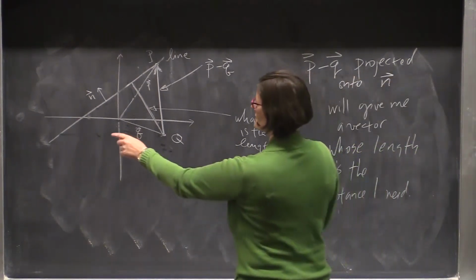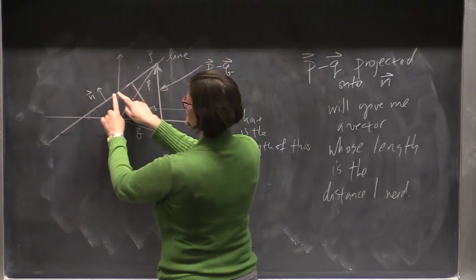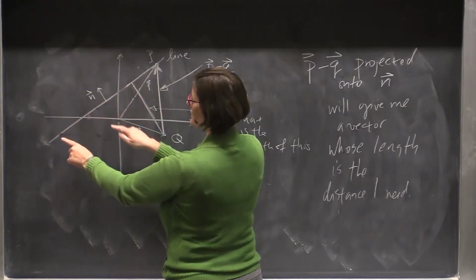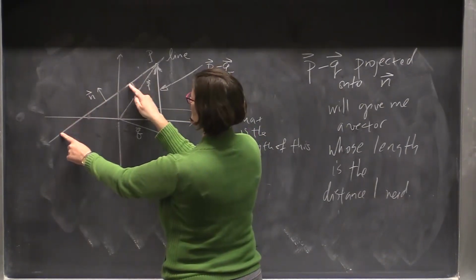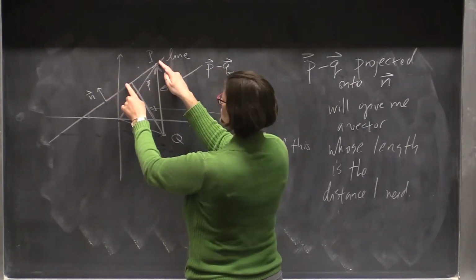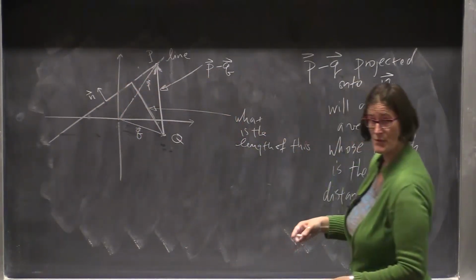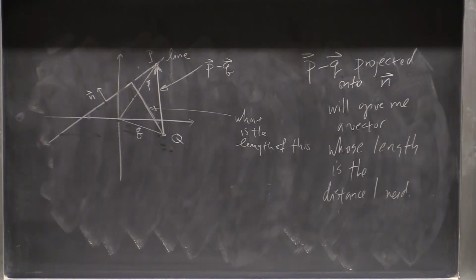They'll get different projections onto the line because this student would get that, this student would get that, this student would get that. The projection onto the line would be different for each student, but the projection onto the normal would be the same for each student.